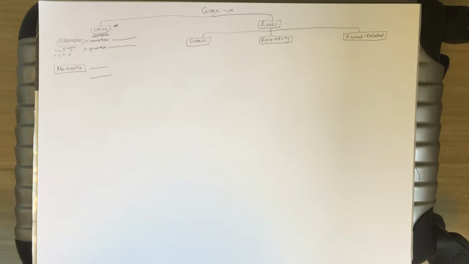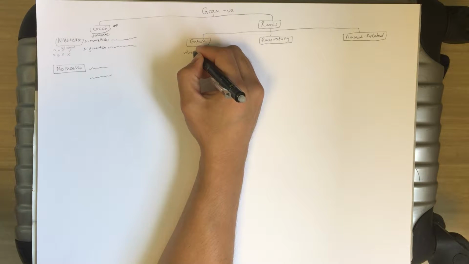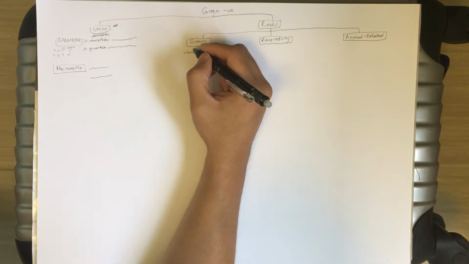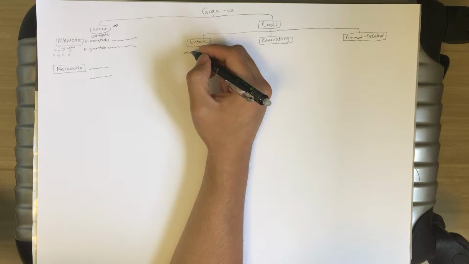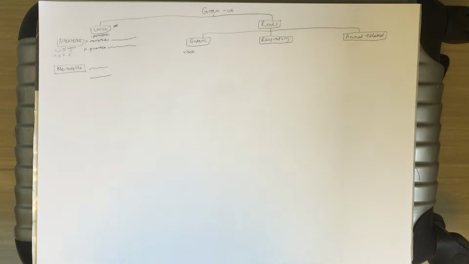So the enterics. What are the enteric bacteria that you have? For instance, you have Vibrio. So Vibrio cholerae. You have three different types: Vibrio cholerae, Vibrio vulnificus, and parahaemolyticus.